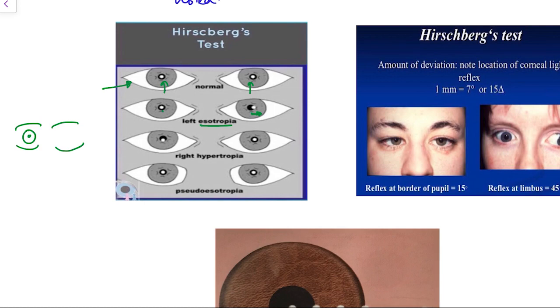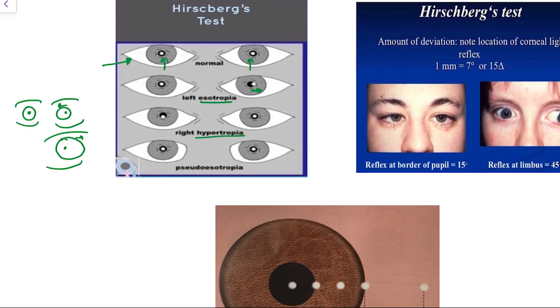Now if the eye has moved towards this direction in the esotropia like this, the reflex will fall here, and if the eye has moved towards this side, like this, the reflex will fall somewhere here. So for the esotropias, the reflex will be falling on the lateral side of the cornea, and for the exotropias the reflex will be falling on the medial side of the cornea.